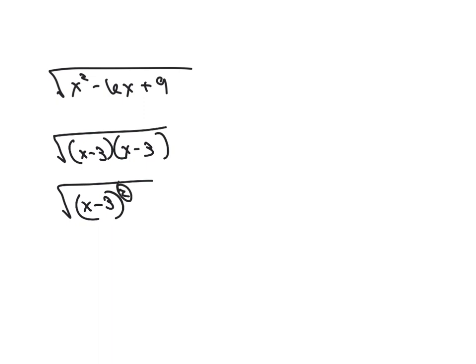So now see, I've got a squared sign there, and I have a 2 there. So that means the sign can disappear, but I have to tell the reader that it's positive. So I put the absolute value sign there.